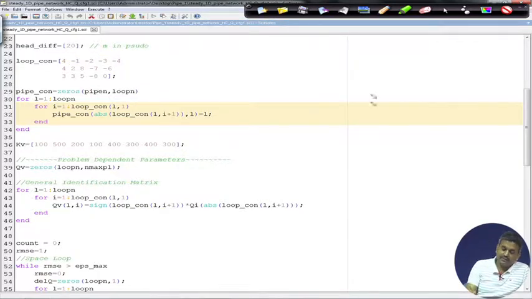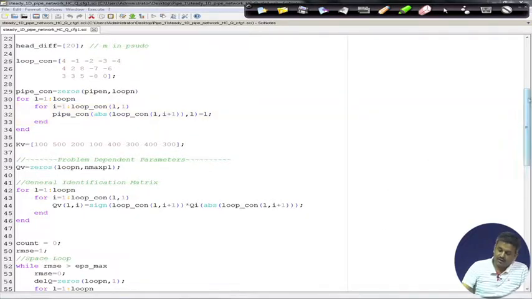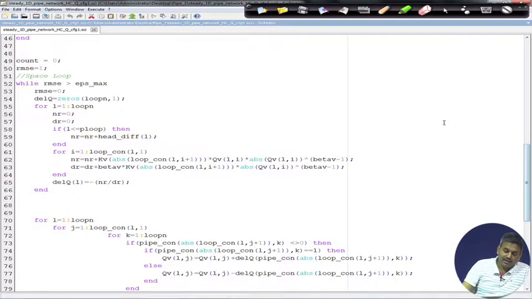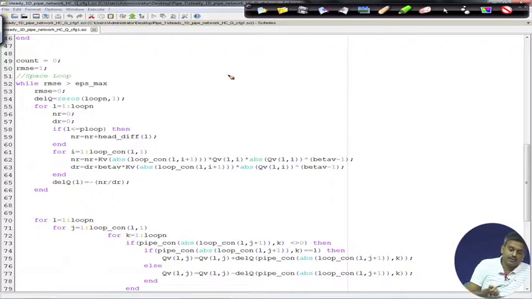Now, with this initial information, I can start the iteration. Obviously, in this case we have only this loop for iteration, counter equals 0, RMS equals 1, so that I can enter into this while loop.